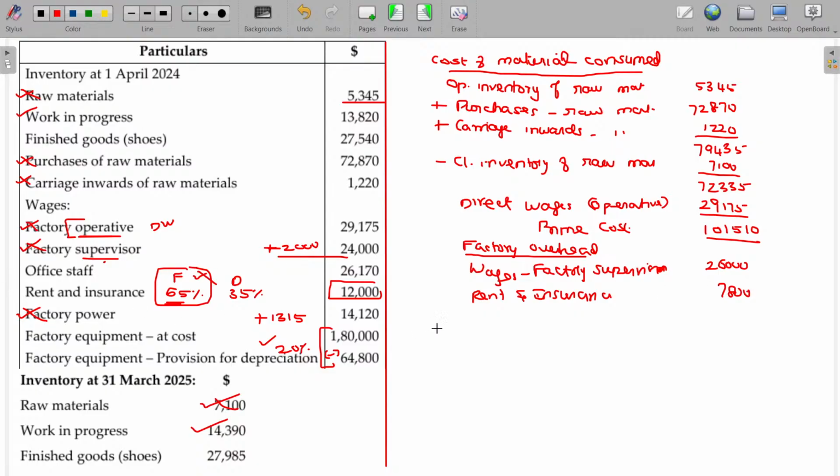Then factory power: you have to add this value, 14,120 plus 13,15, 15,435. And depreciation, equipment depreciation.